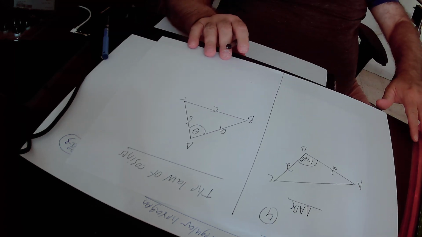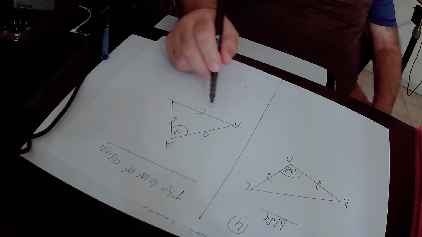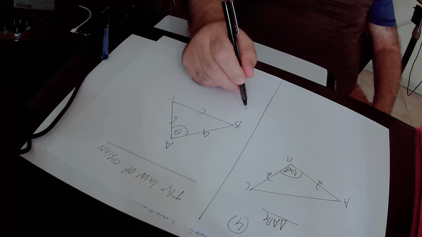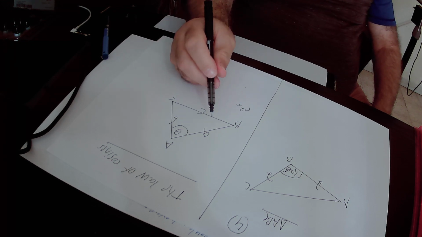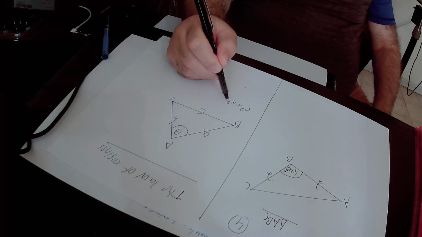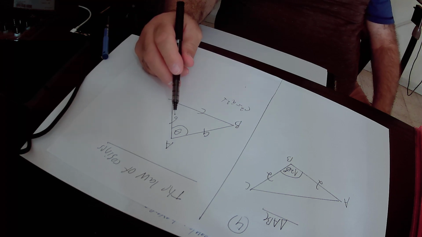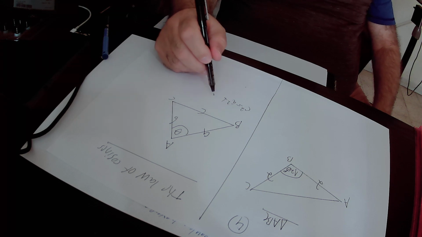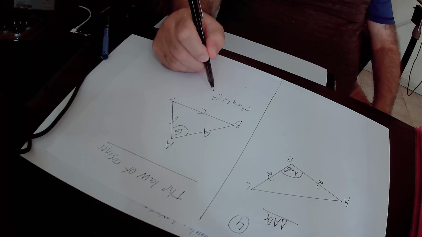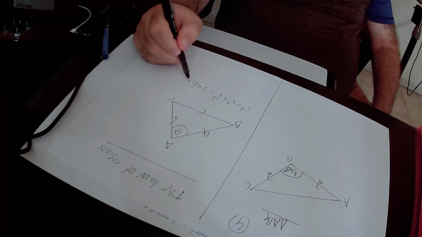Then according to the law of cosines, C square, C is the length of side BC, equals A square, A is the length of side AB, plus B square, and B is the length of side AC, minus 2 times A times B times cosine theta.